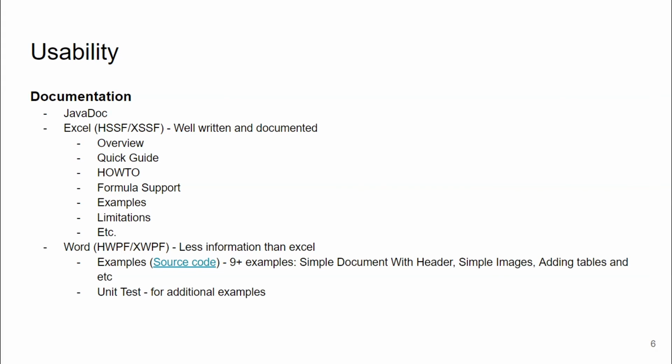We found about 9 examples for Word. I tried to run them and everything was fine. You can also use unit tests. It's a requirement from the open source community that if you support these projects and add some new stuff, you should provide unit tests. So you can also use them for additional examples.